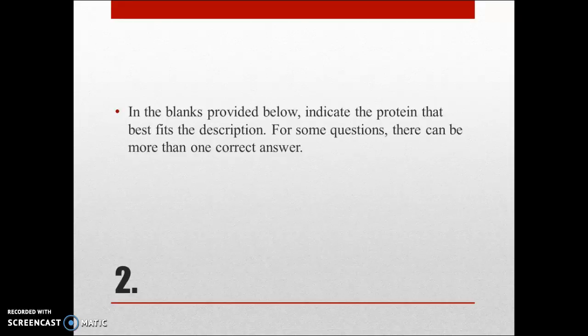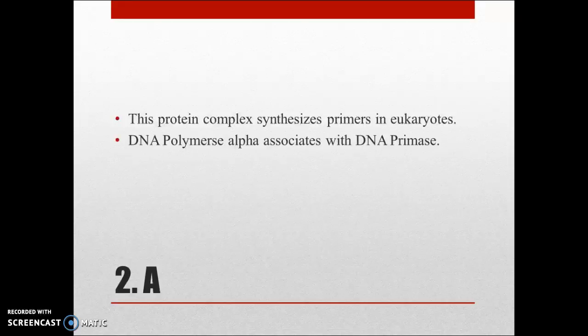So for question 2, in the blanks provided below, indicate the protein that best fits the description. And for some questions, there can be more than one correct answer. So for A, this protein complex synthesizes primers in eukaryotes, and it would be DNA polymerase alpha and DNA primase.